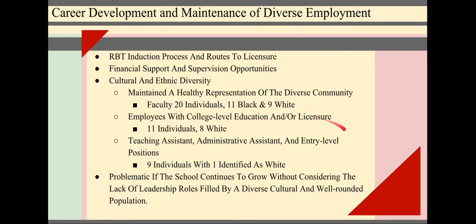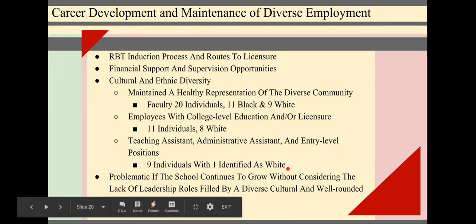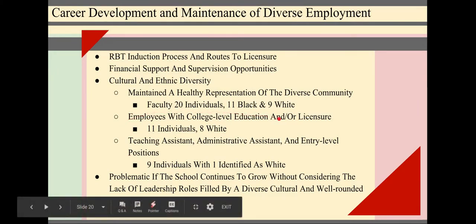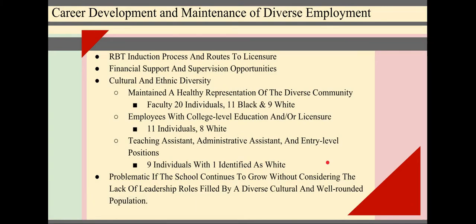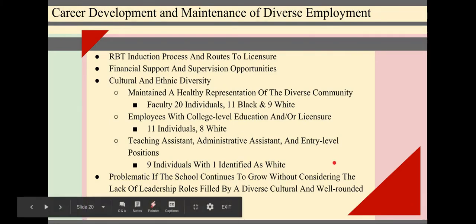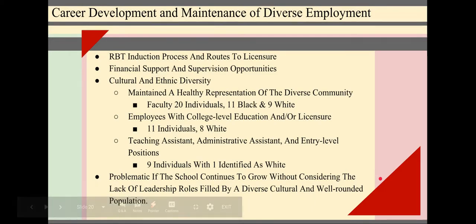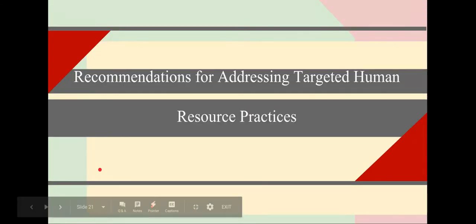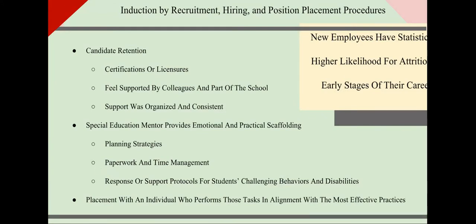But then when it gets down into the way that the skilled versus entry-level positions were distributed did not necessarily represent the African American or Black community in a leadership role, which will potentially become problematic if our leadership roles and the long-term employees aren't well-rounded or diverse. So some of the recommendations for these to be addressed.